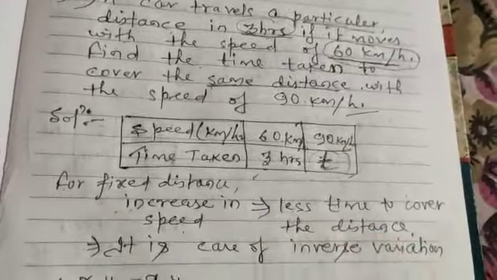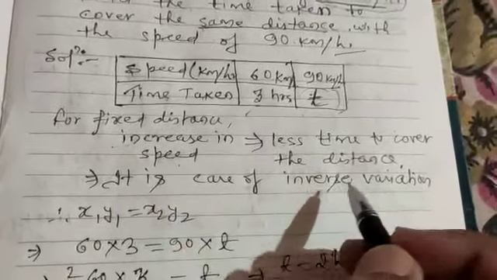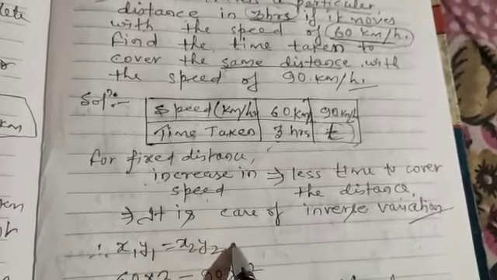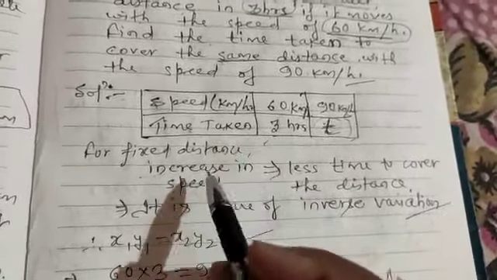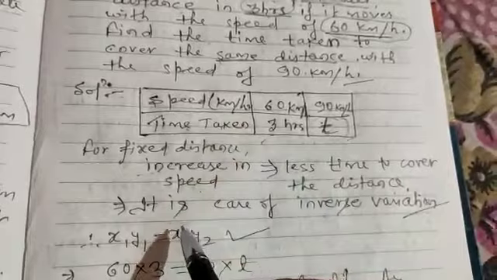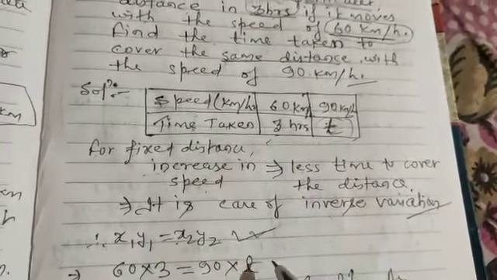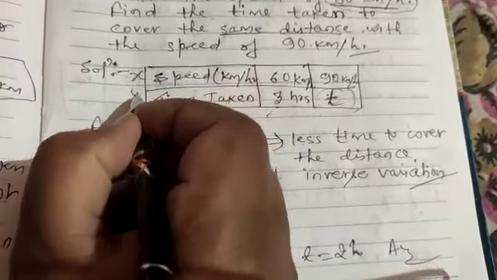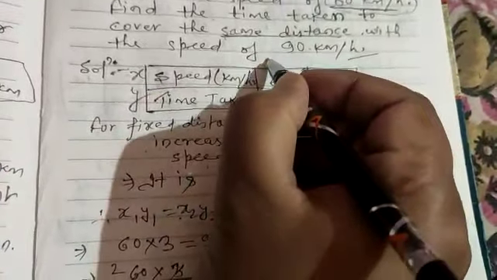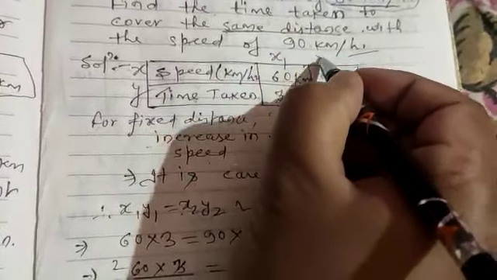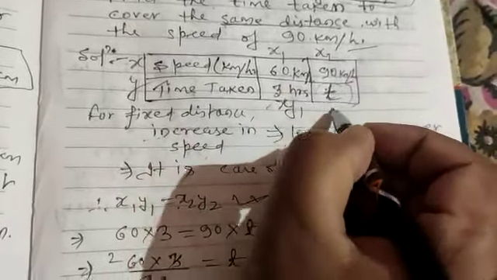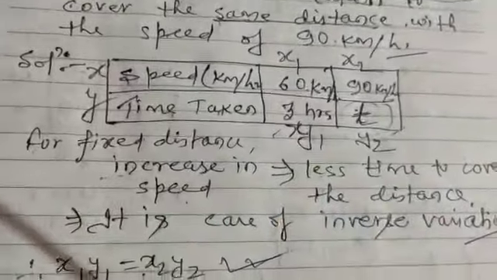Hence it is a case of inverse variation, and for inverse variation we have observed that the product of x1 and y1 is equal to x2 and y2. You can assume here this one is x, this is y, with first value x1, this x2, y1 and y2.